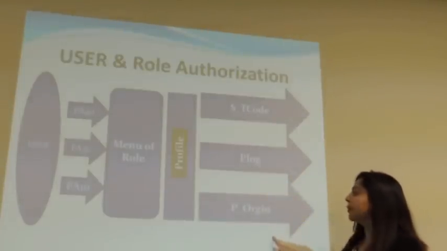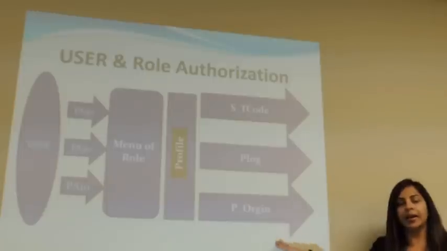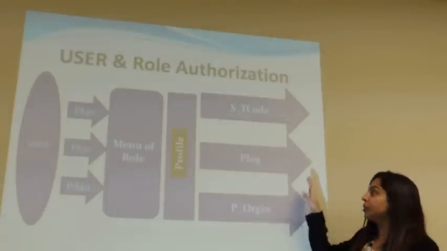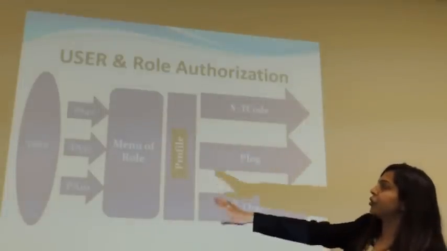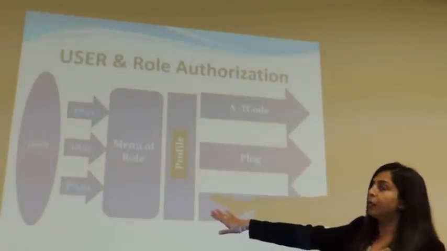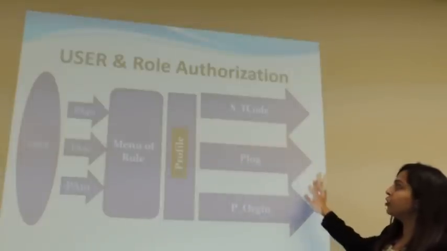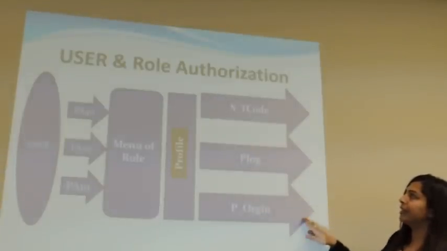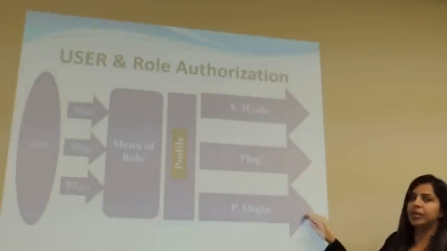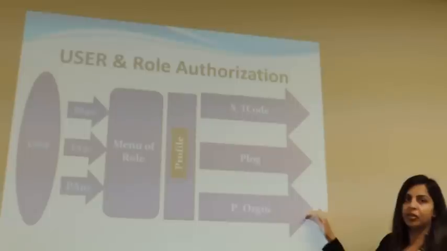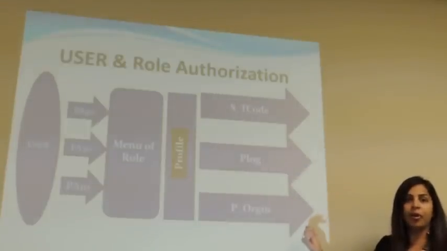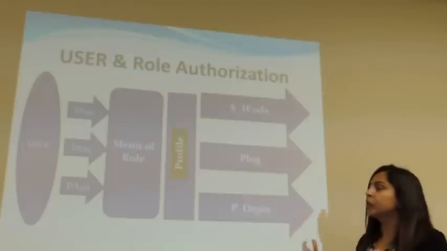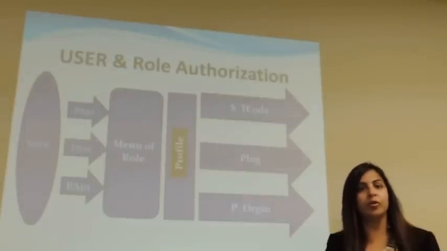And then we have P organ, which will give him access to HR master data. So this is how the profile generator works, where we have transactions inside the menu of the role. Then the profile is generated on the basis of these T codes and authorizations. These have fields in them where we give authorization to the user according to his role.